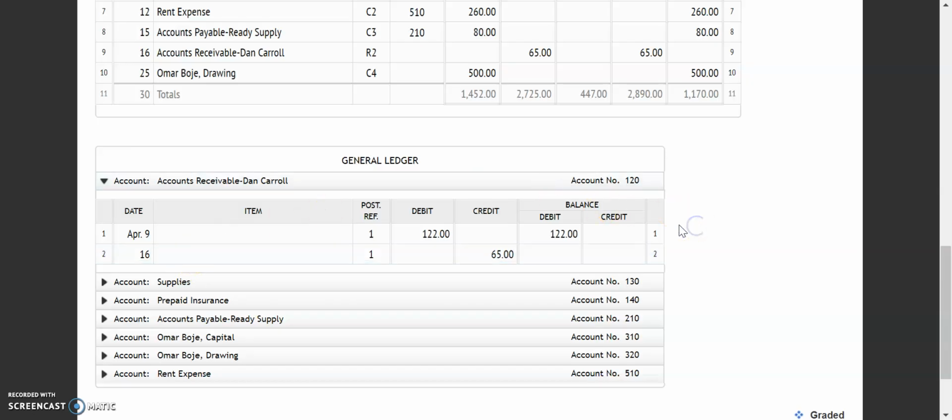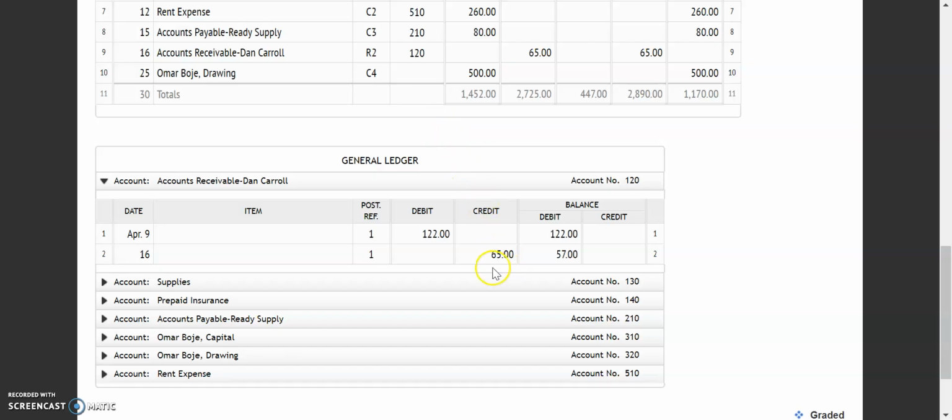And what's happening here is this person, Dan Carroll, owed us money, and because he has paid us $65 of the $122 that he owes, we're actually subtracting that amount. So we take 122 minus 65, and we get $57. We plug that in the debit, and we go up and we put 120, the account number, up in our general journal post reference column.